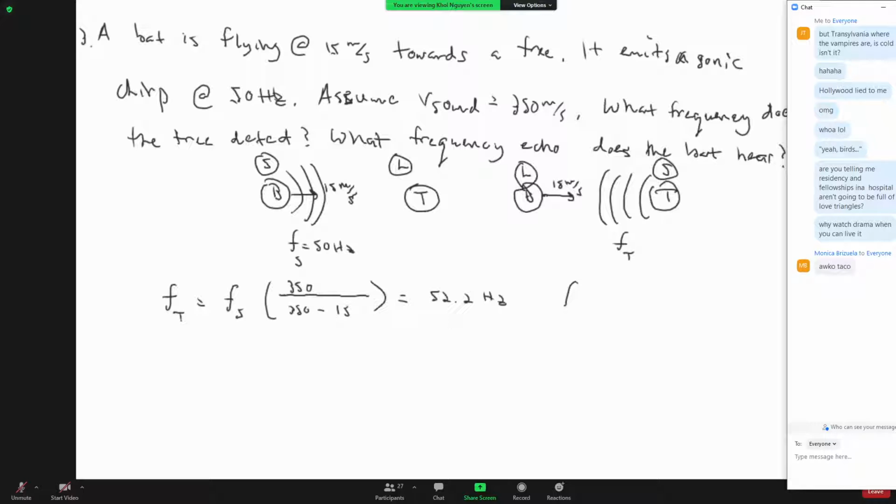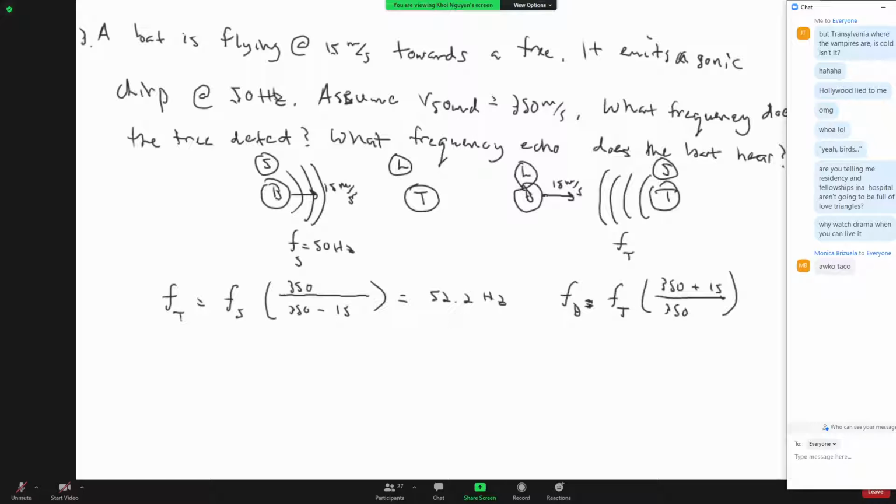So the frequency that the bat hears is simply the frequency that the tree heard times that ratio of 350. The detector or listener is now moving towards the source, so that's a plus 15, all over 350, and the source now is the tree. Trees don't move, unless you're talking about Lord of the Rings or something like that.